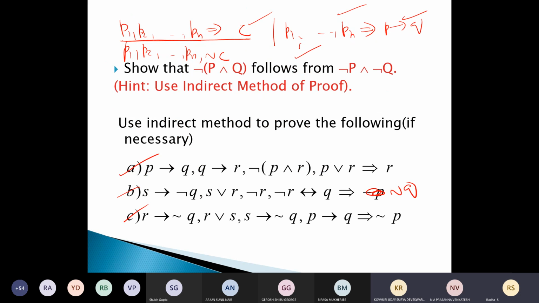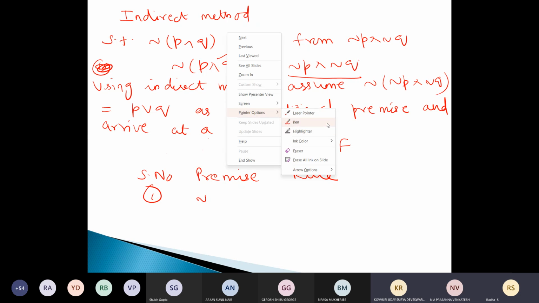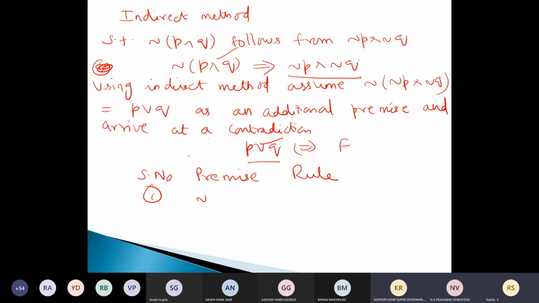Not of P and Q follows from not P and not Q. Yeah, I have written it wrongly here. One minute. What should be here? This should be not P and not Q. Correct?